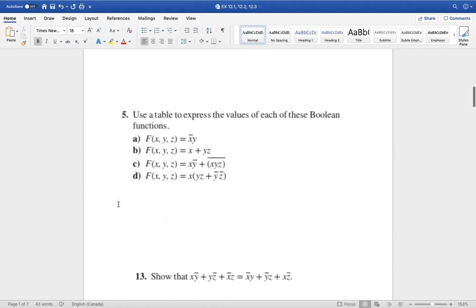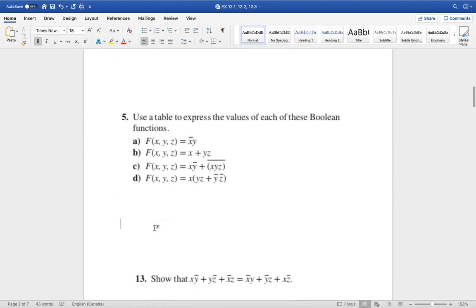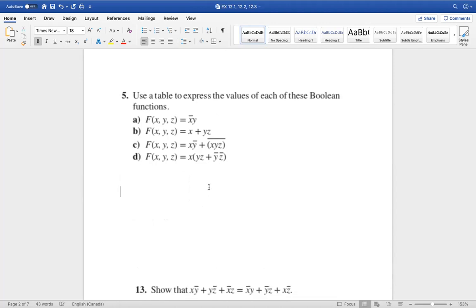Moving on to question number 5. We have to use a truth table to express the value of these Boolean functions. So we can take a table.